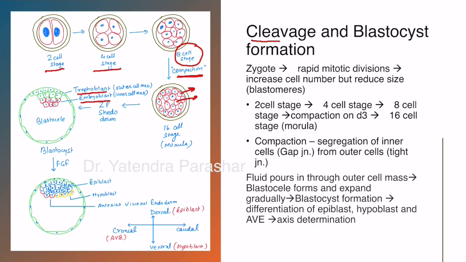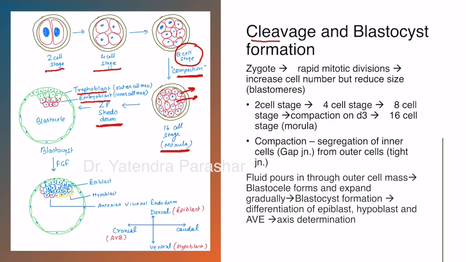Here, after the formation of the 16-cell stage, which is the morula, the zona pellucida starts to shed, and the blastocyst hatches out from the zona pellucida.